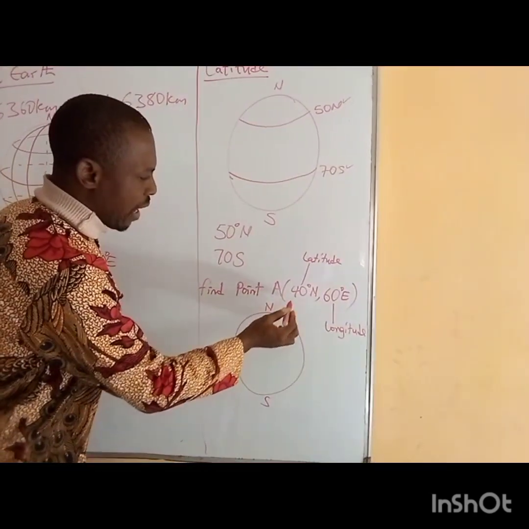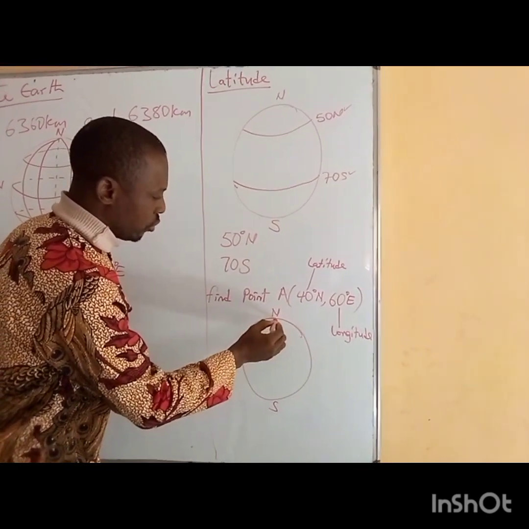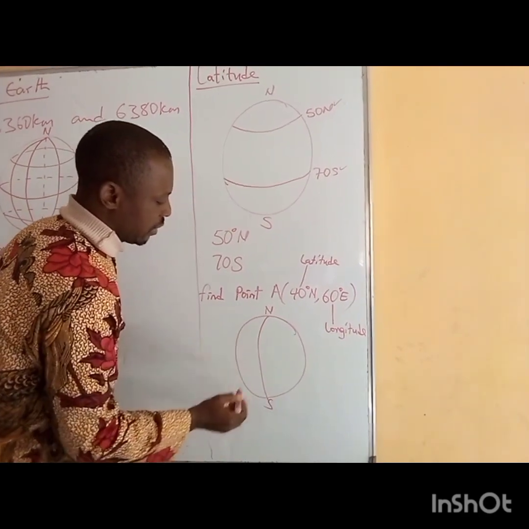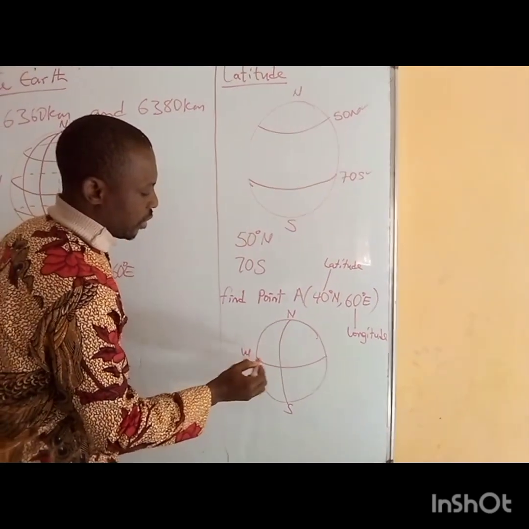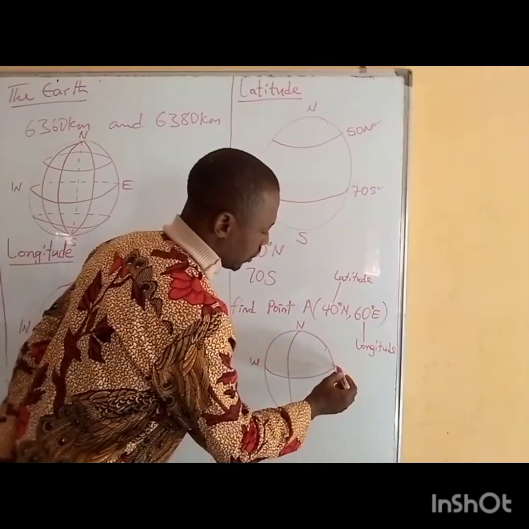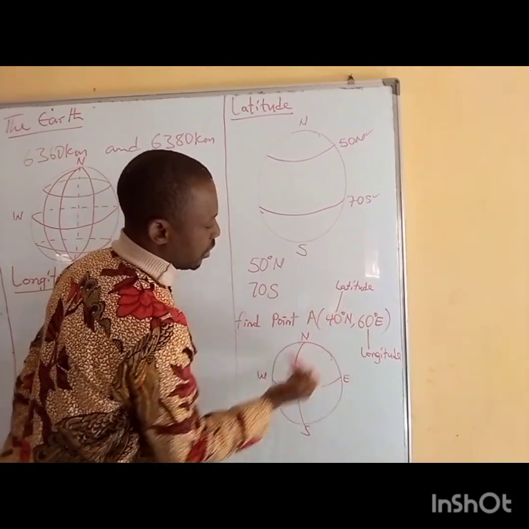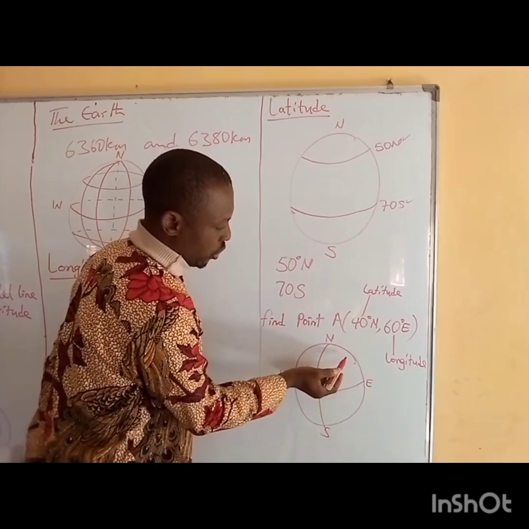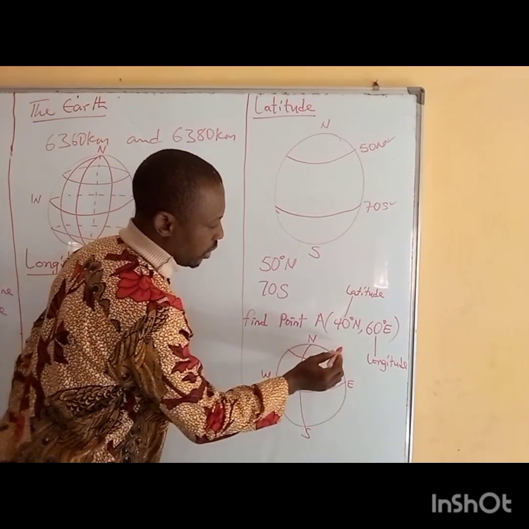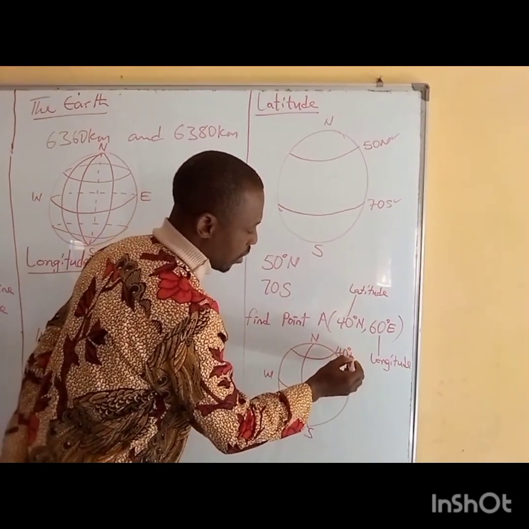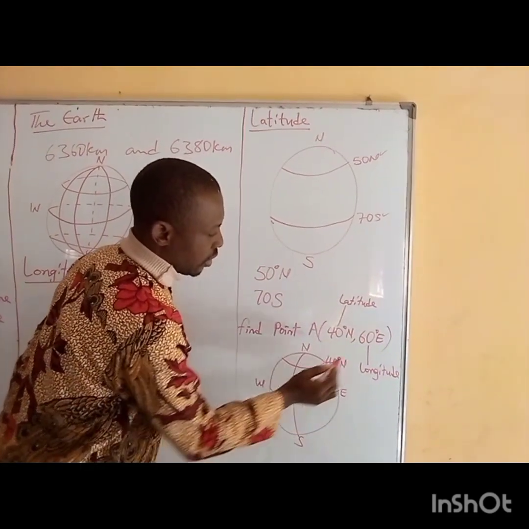So, if we are describing a point A on the globe, we'll sketch a meridian first and an equator next. So the equator is from the west to the east, and then now we have to describe 40° to the north. So we now go towards the north and take 40° north, and then you take 60° to the east.